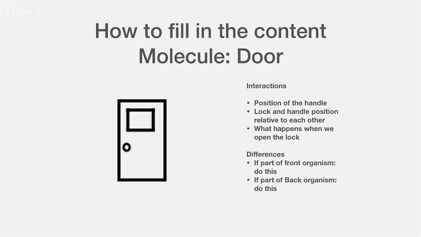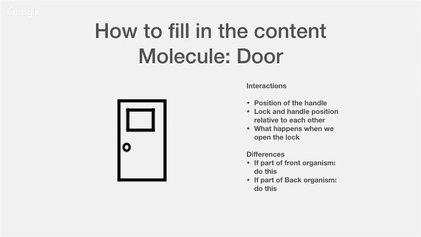If we look at molecule level, we would mostly describe the interactions. In this case, the position of the handle, lock and handle position relative to each other, and what happens when we lock. We describe how the atoms work together to form that molecule. Also differences: if we use it in the front organism, we expect this behavior.